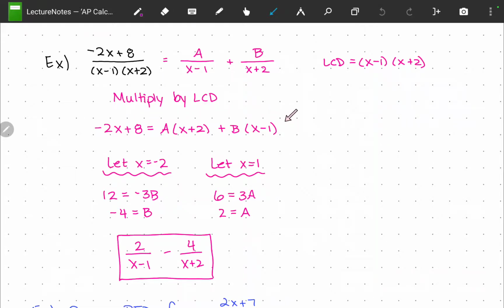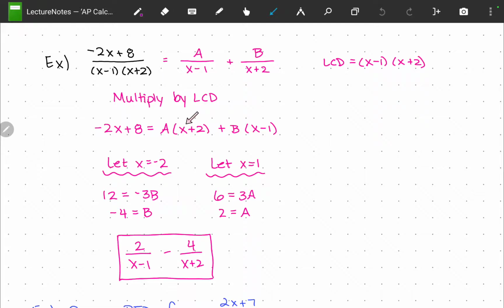And now what we're going to do is we're going to use that fact that x can be any value, but a and b will be fixed. And we're going to pick just any number we want, although there's some convenient values. And so anytime you have linear factors, let x equal what makes those factors equal 0, because then you get these really easy equations that you see down here.